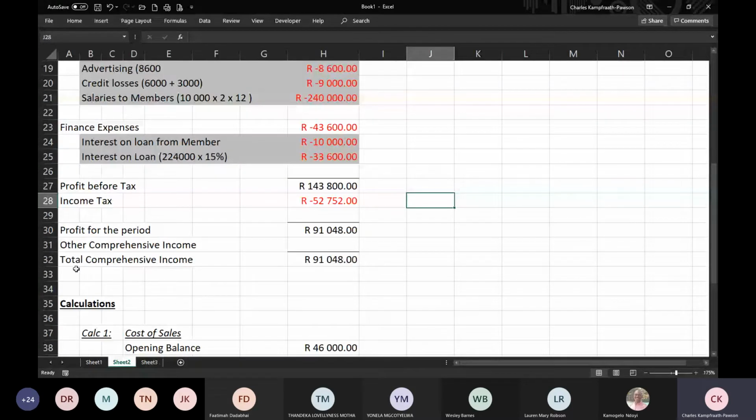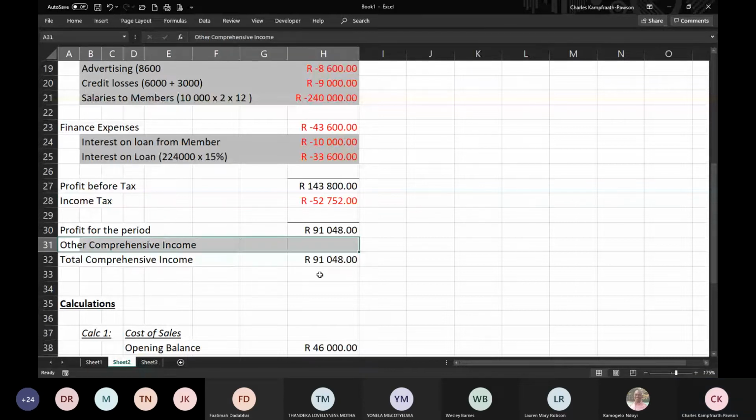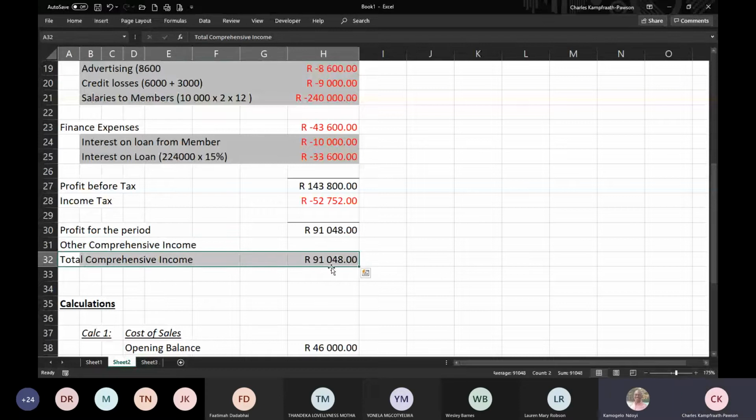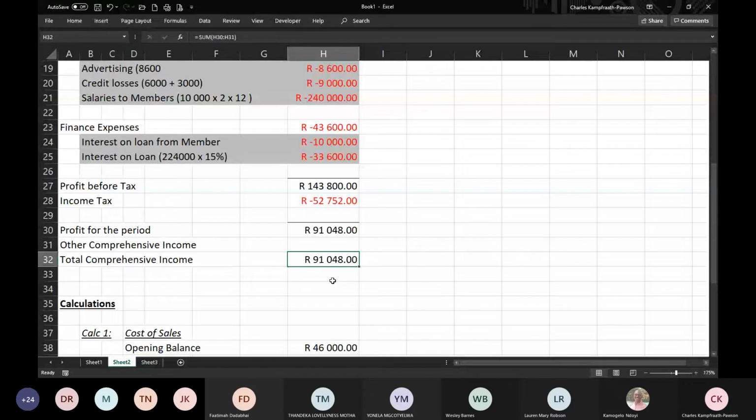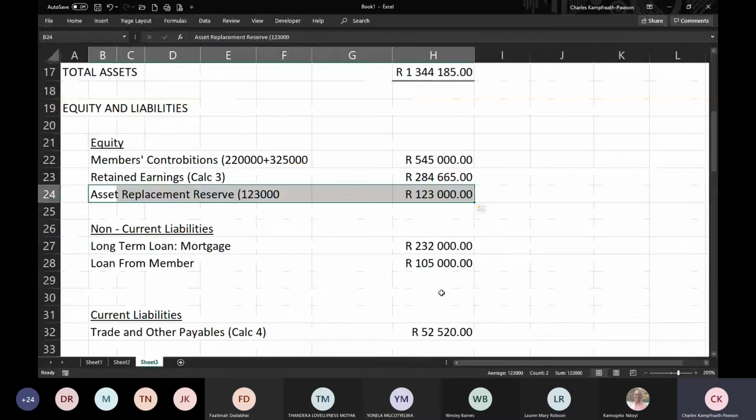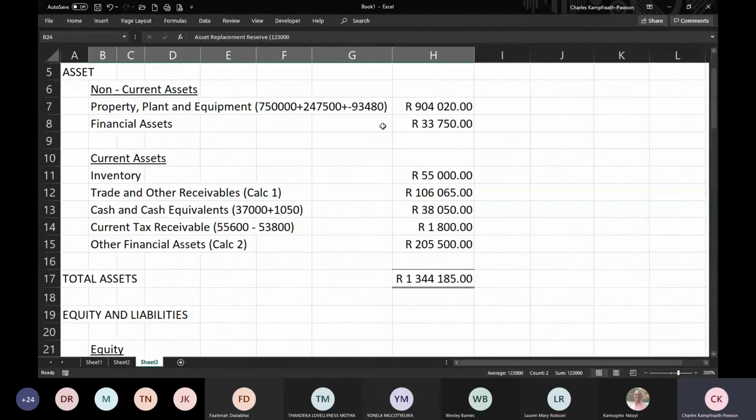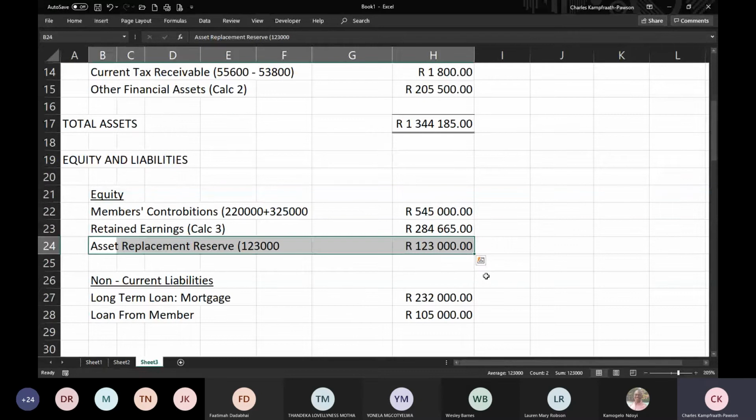You remember we had this other comprehensive income section in the previous question. We would add it there, increase the total. And then that amount goes to retained earnings. So the asset replacement reserve is a reserve on its own dealing with property, plant and equipment. Did I address your question? Yeah, you did. I'm okay.